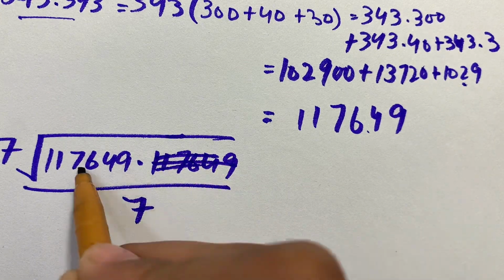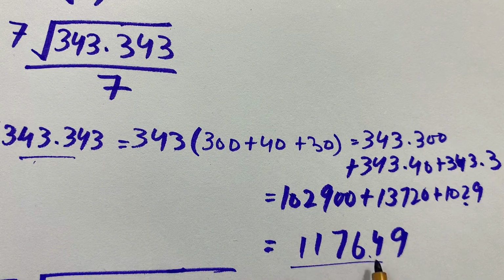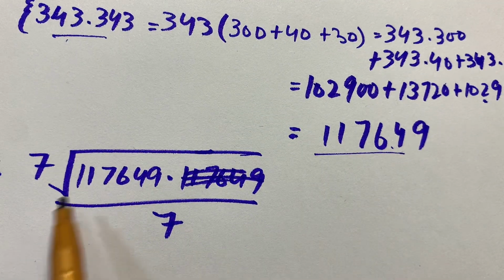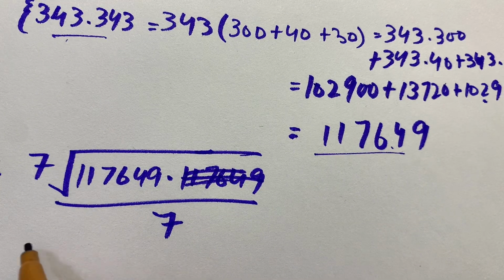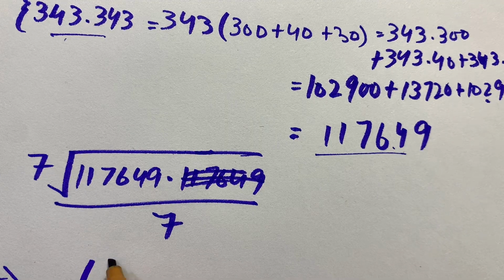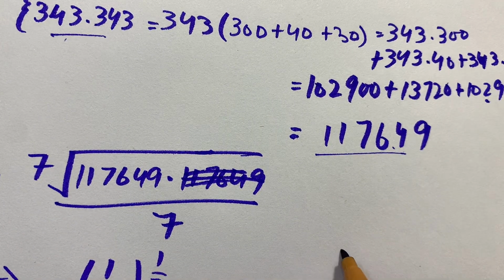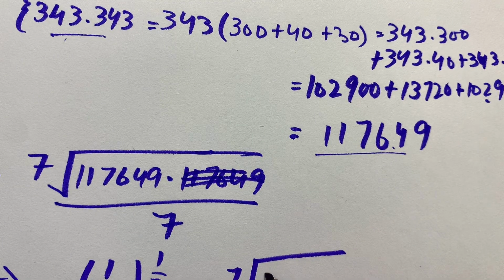Sorry, after multiplying this value is given 11, 76, 9 divided by 7. That is our final answer. 7 into 11, 76, 9 divided by 7.